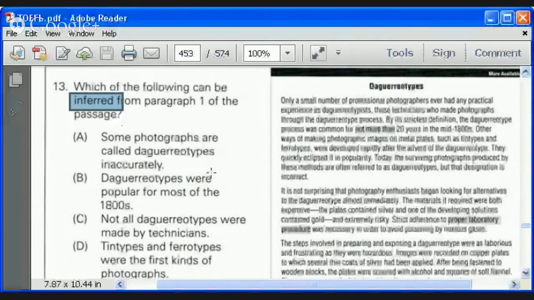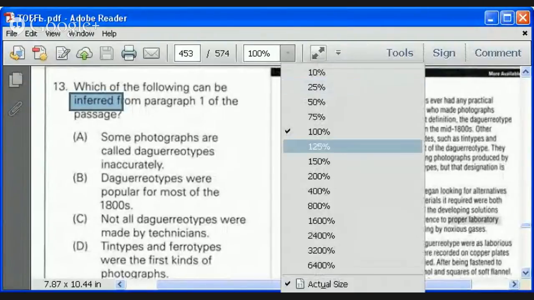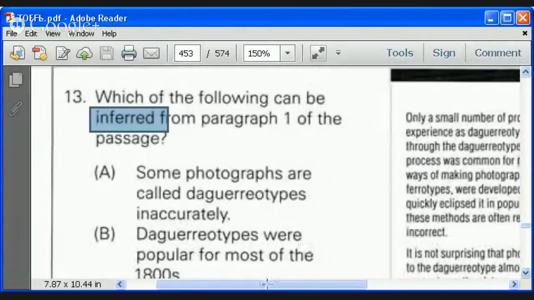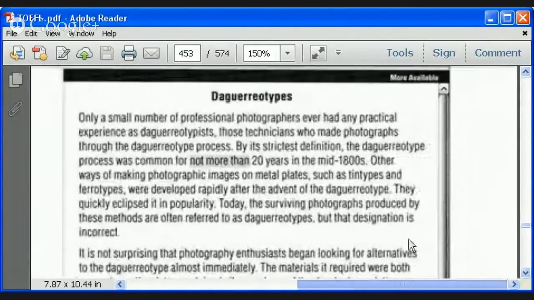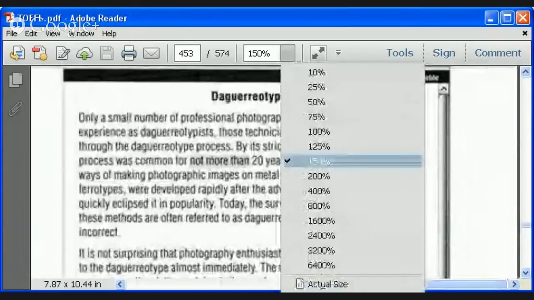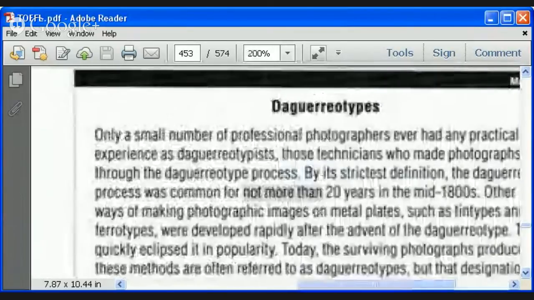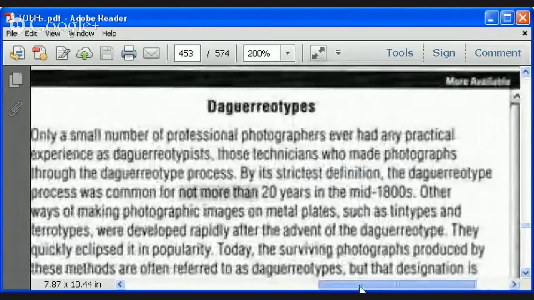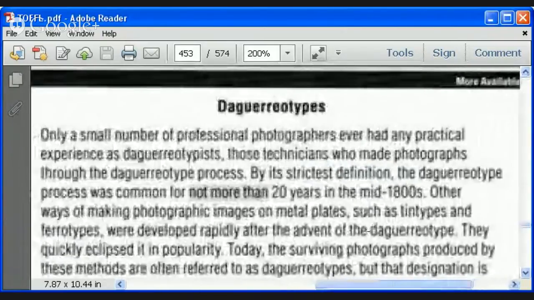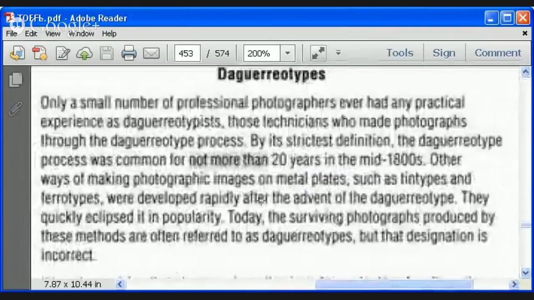Okay, obviously our strategy here is, first of all, clearly to go to paragraph 1 here and take a look. Well, here it is. I don't know how well you can see this. Maybe a little blurry. What can we infer, what can we deduce from this paragraph?